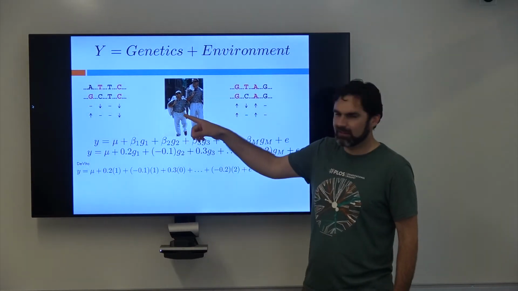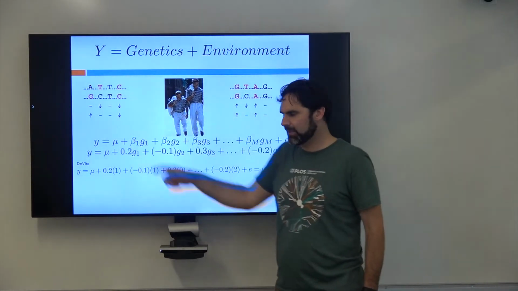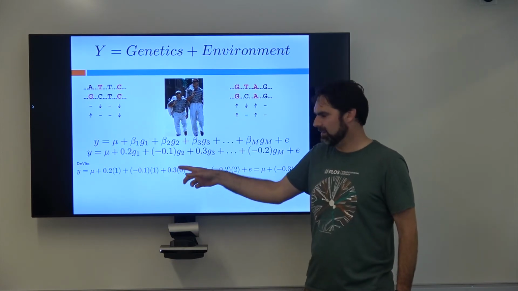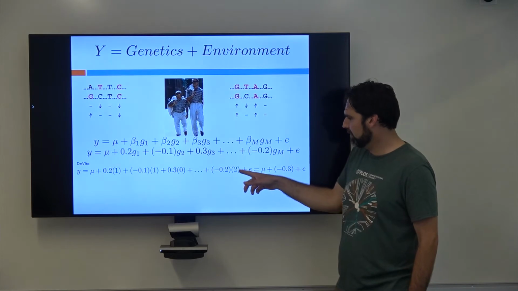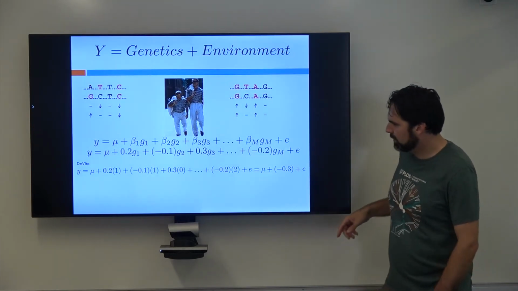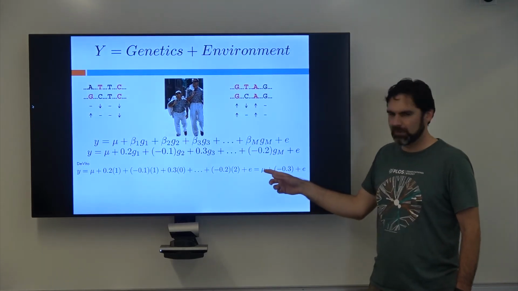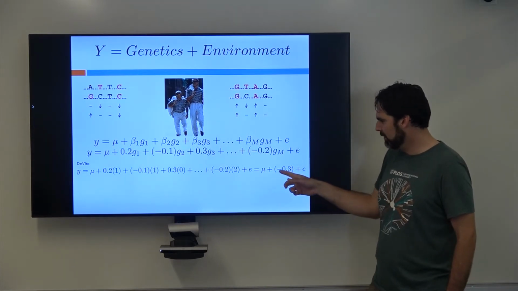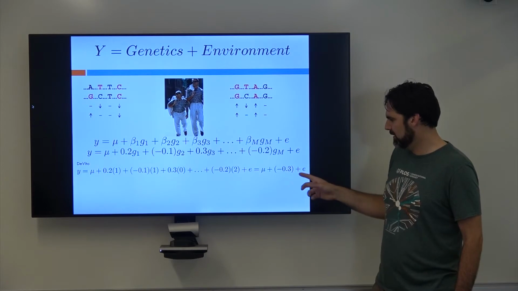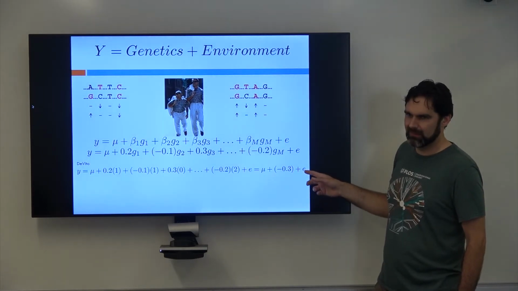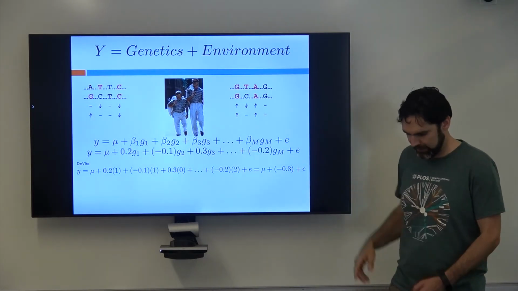He doesn't carry any alternate alleles at the third SNP position, so that one's just going to get a 0. So there's going to be no change there. And then he carries both the C alternate alleles, so it's going to decrease there. So in general, his phenotype is going to be whatever the population mean is, plus the sum total of all these genetic effects, plus the environmental effect.